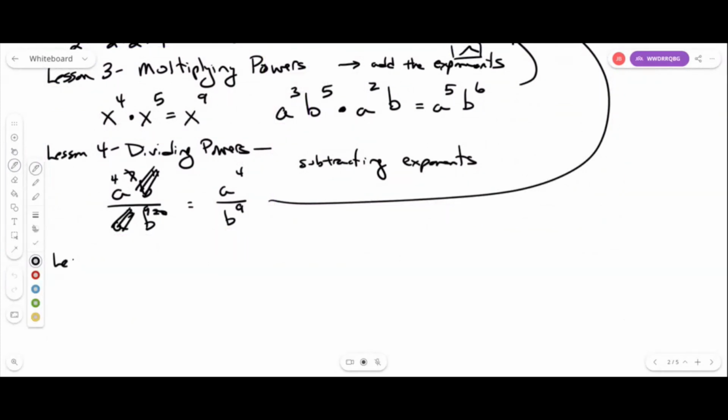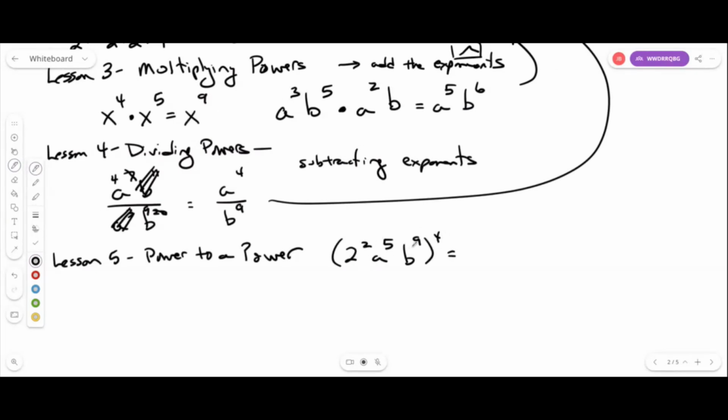Then we moved to power to a power. And we looked at problems that looked sort of like this: 2 squared, a to the 5th, b to the 9th, all to the 4th power.